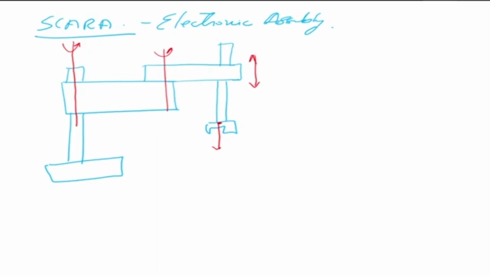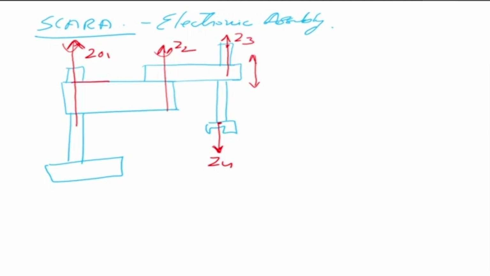To simplify, this is my Z0, Z1, this is Z2, and this one is Z3. Please note that Z3 is fitted onto this link. And this is my Z4. Also note that Z3 is upward and Z4 is downward.